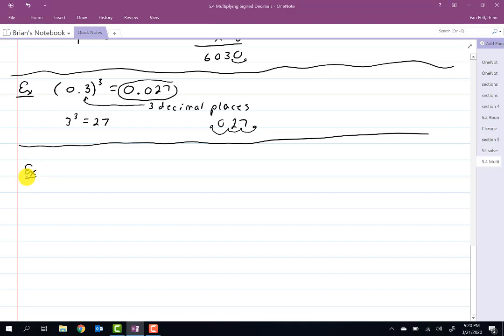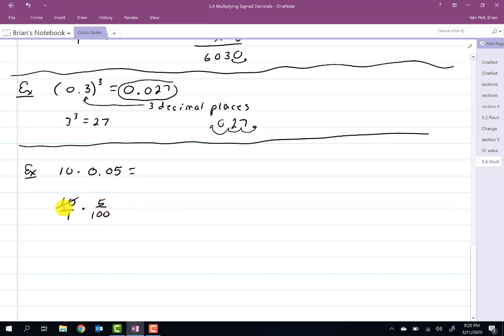Now, I don't know that I've covered it, but take this, 10 times 0.05. All the 10 does, if you look at it in terms of fractions, we have 10 over 1 times 5 over 100.